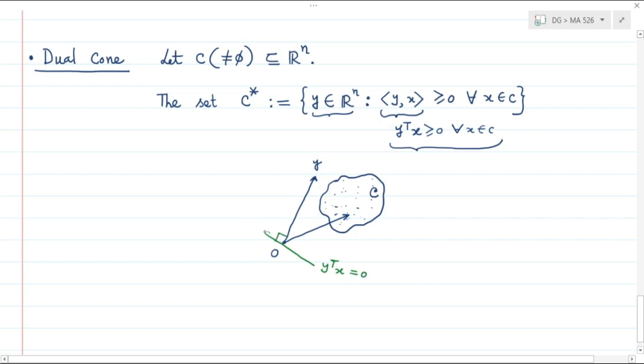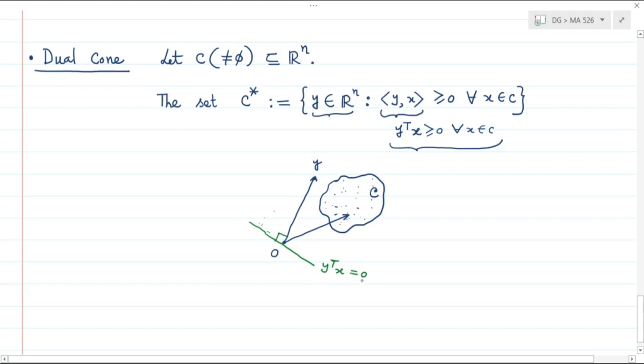And this y can be inside the set C star provided y transpose x is greater than or equal to 0 for every x in C. That means the entire set C is on one side of the hyperplane y transpose x equals 0.